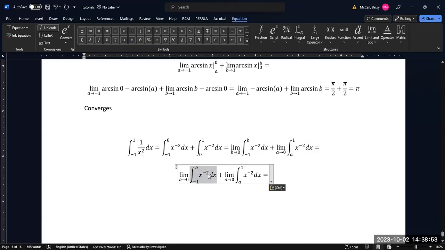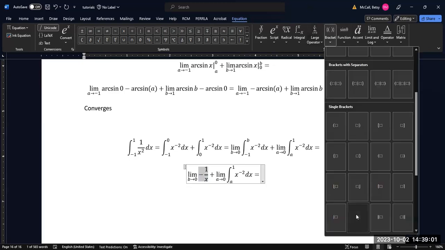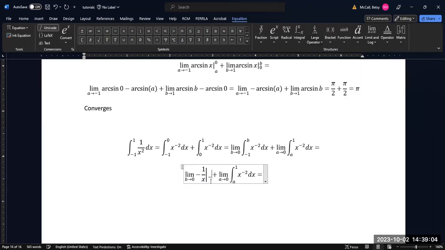In this case, you're going to end up with -1 over x, and the limits are going to plug in as -1 and b, and then same thing here. You're going to end up with -1 over x, and the limits that you'll plug in will be a and 1. And again, the ones are not the issue.